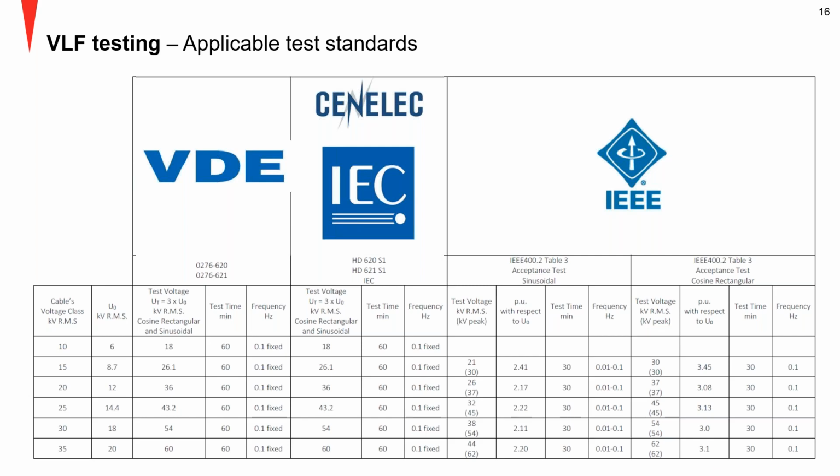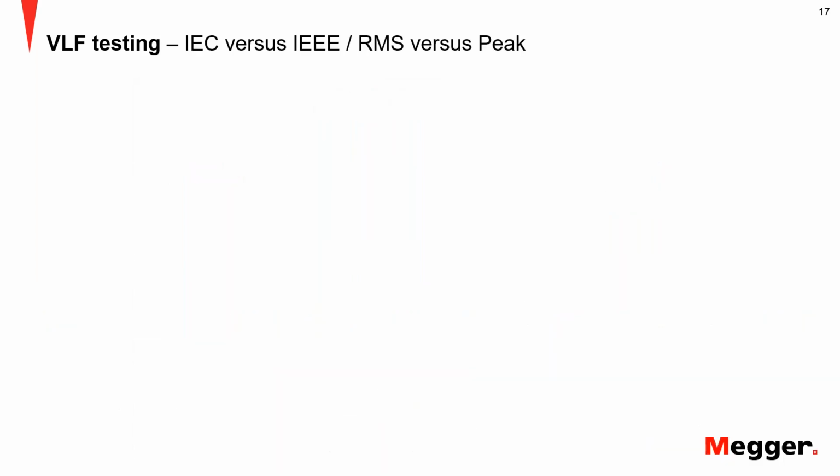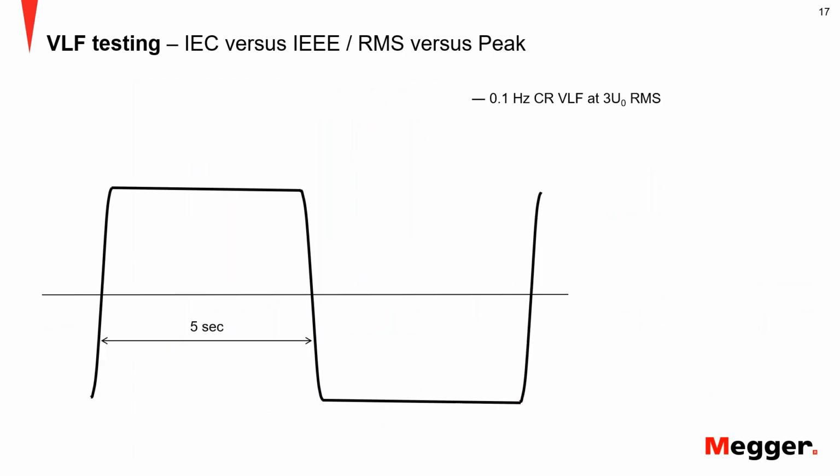And how this shows in the field, you can see here. So if we have our time base and we use the typical cosine rectangular waveform, then 3 times operating voltage at 0.1 hertz looks like this. Now IEC says the test voltage has to be in RMS, which has scientific reasons.